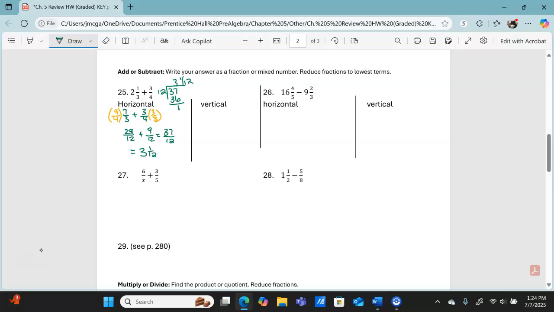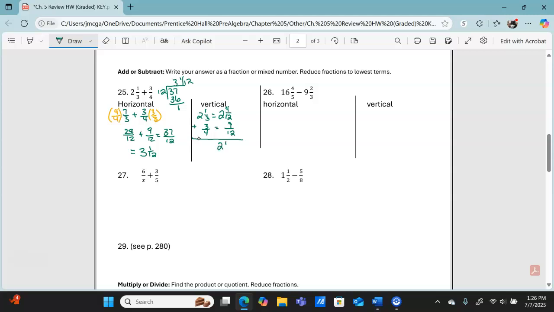Now, vertically, I've got it written down here, 2 1/3 plus 3/4. We don't have to switch to the improper fraction here, but we do have to get a common denominator. So my common denominator is 12. So 3 times 4 will give me 12. That means 1 times 4 would be 4 up there. Here I would need to multiply by 3 over 3.